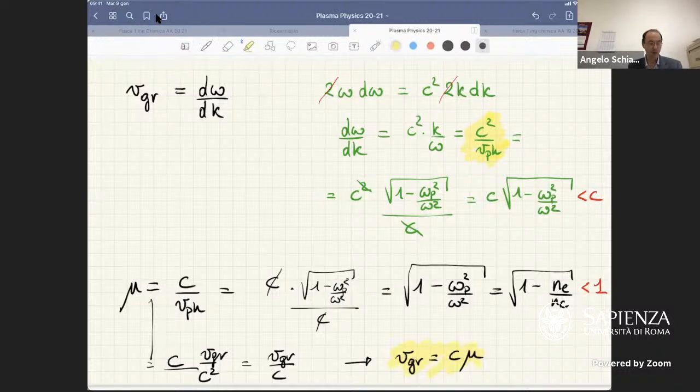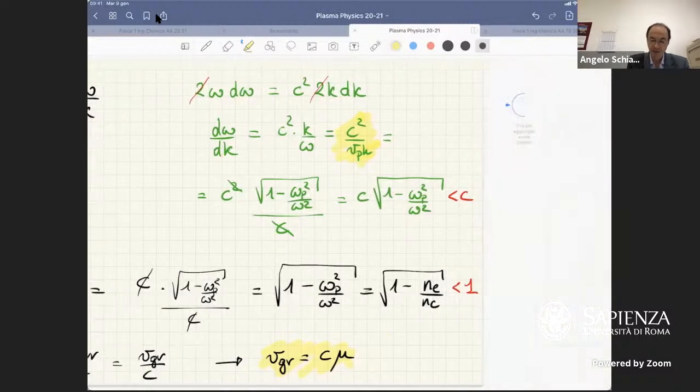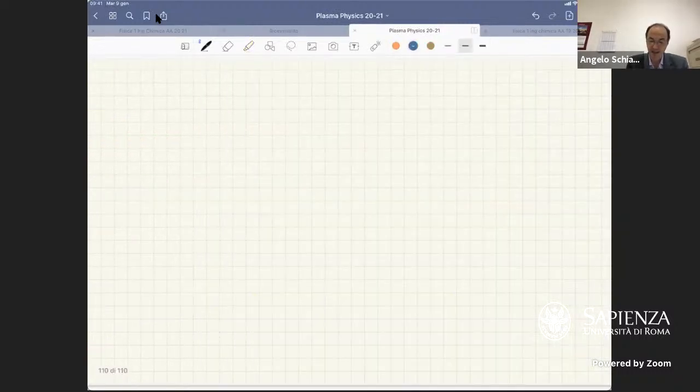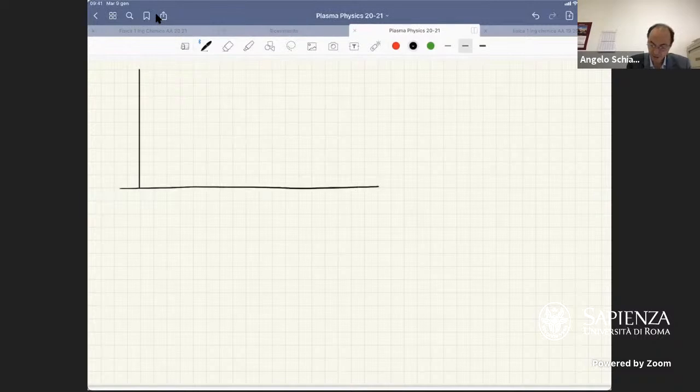So what is happening now? We can draw a plot presenting the allowed region for propagation and the region that is not allowed, the forbidden region, in terms of the refraction index mu, as a function of the frequency of the wave.